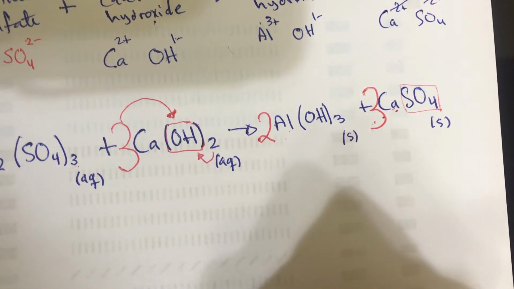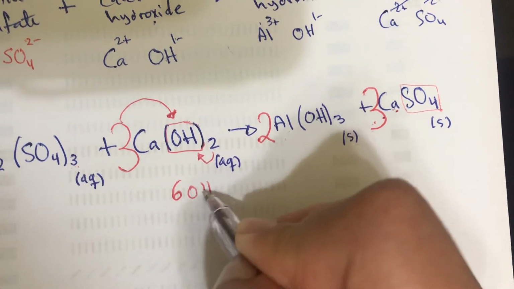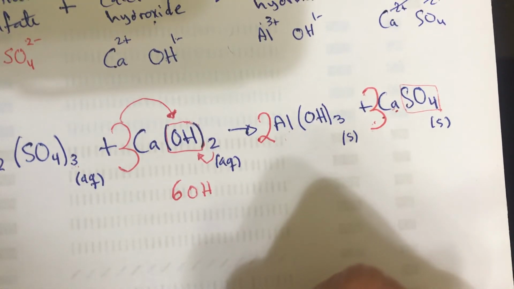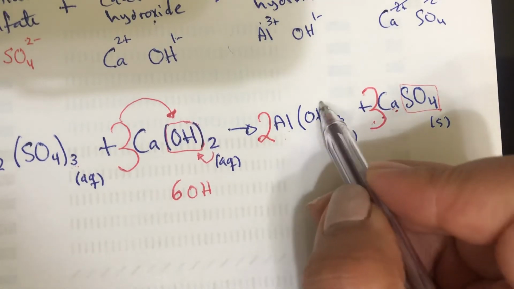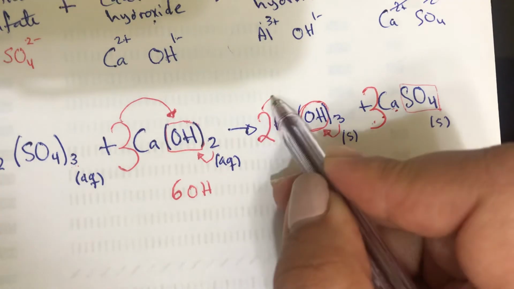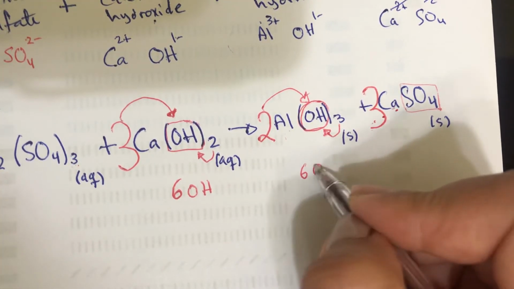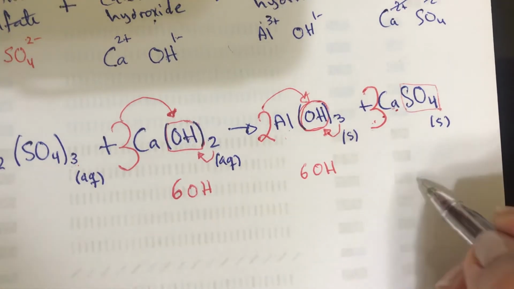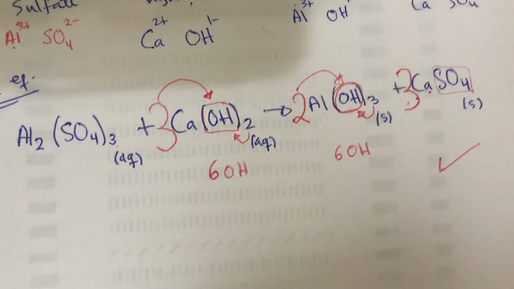So how many groups of hydroxide? You have 6 hydroxide groups. So here in the product, the hydroxide group is multiplied by 3 and by 2. So also here you have 6 hydroxide groups. So now it's a balanced chemical equation.